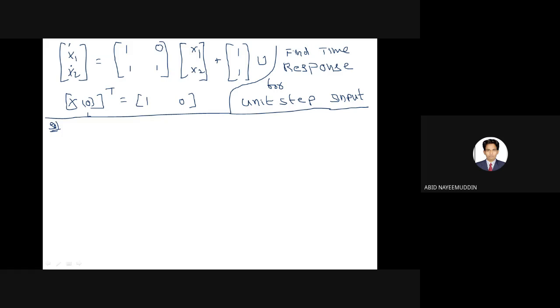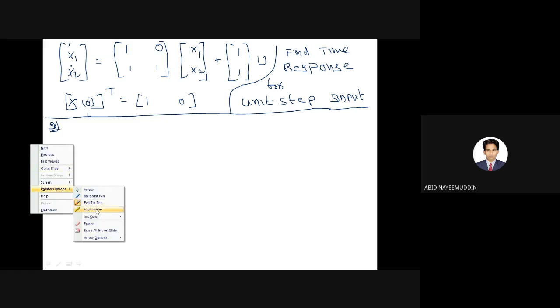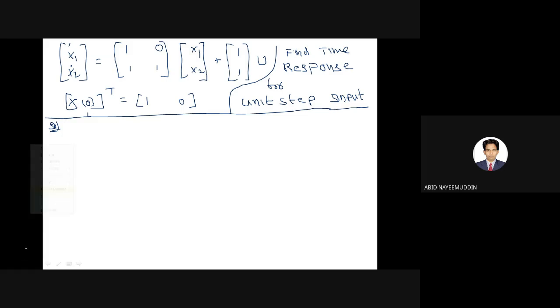So the solution here is the given data. While solving problems in any subject, you need to first write the given data. So the given data here is A is equal to 1 0 1 1.